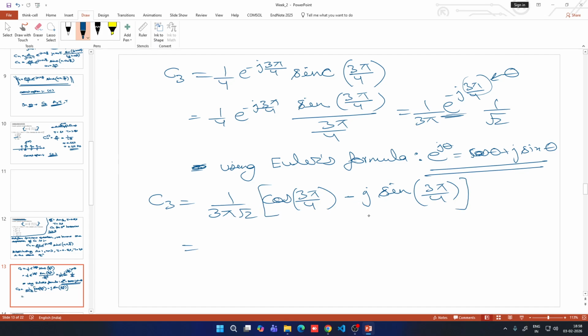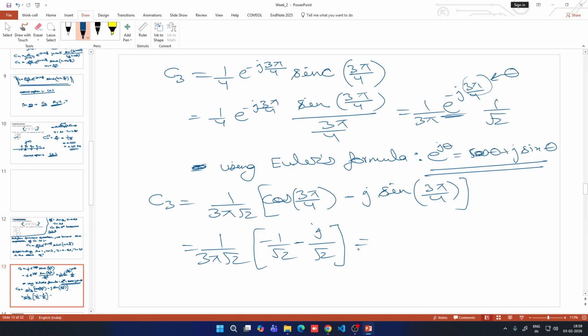Now we can easily solve it because we know what cos 3 pi by 4 is, which will be 1 by 3 pi root 2 into cos 3 pi by 4 is minus 1 by root 2, and sin 3 pi by 4 is 1 by root 2, and still j is there, so minus j by root 2.